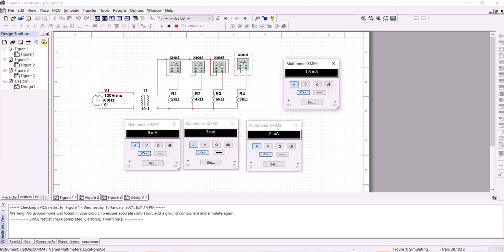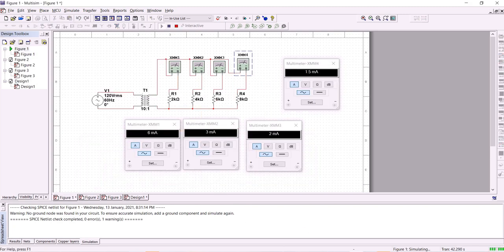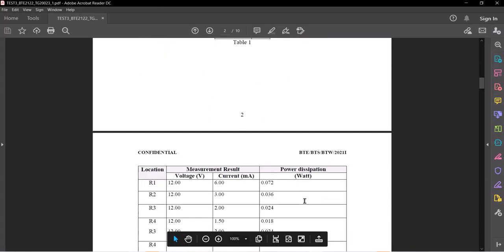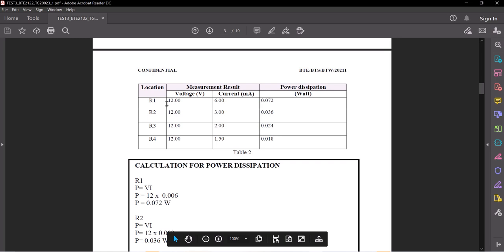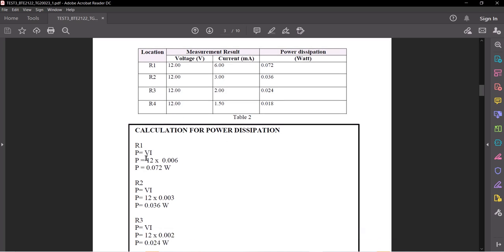Now based on these two data, we have to record them in the table and calculate the power dissipated. This is the data that we record, and this is the power. For power, we use the formula P equals VI. For R1, 12 times 0.006, we get 0.072 watt.